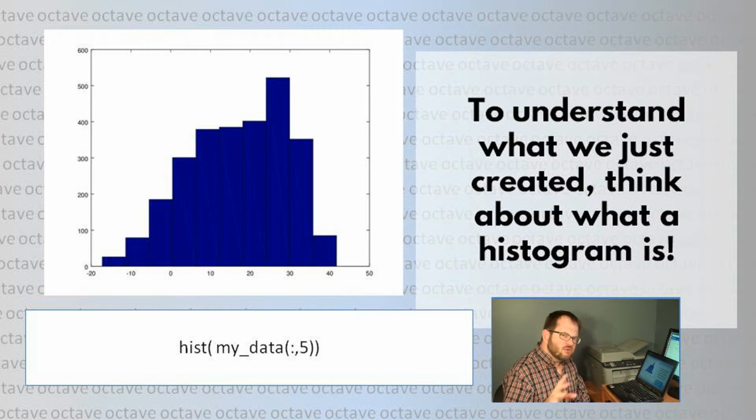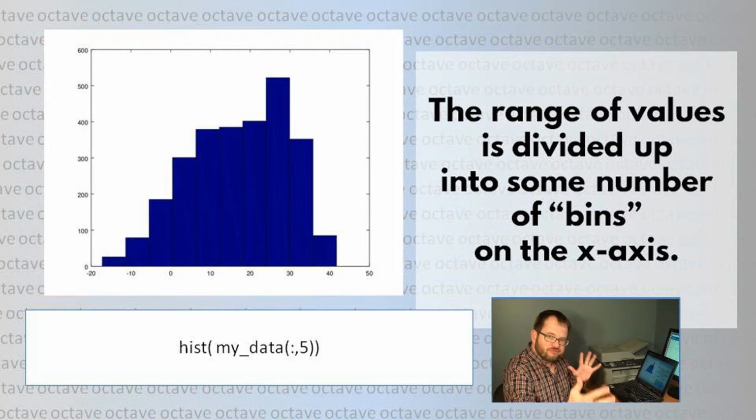But to understand exactly what just happened, we need to think about what a histogram actually is. What we did is we took the range of values that are observed and divided it up into equally sized bins. Bins are the technical term here.